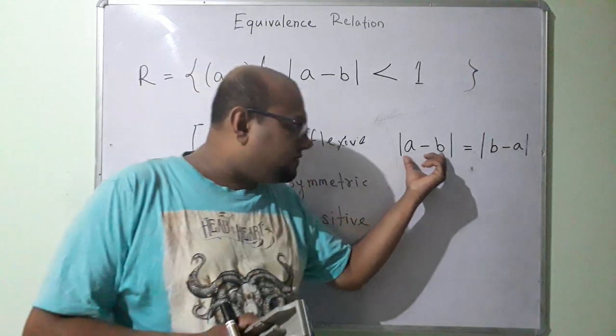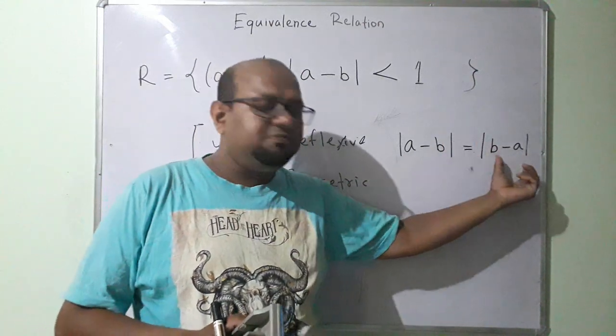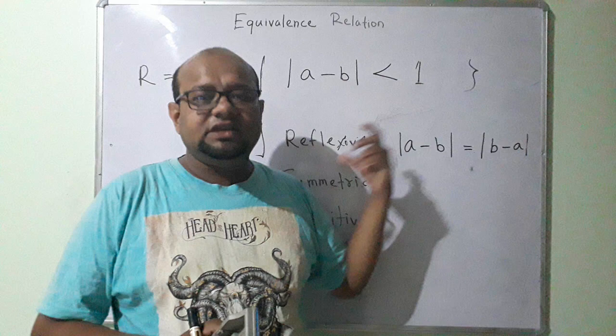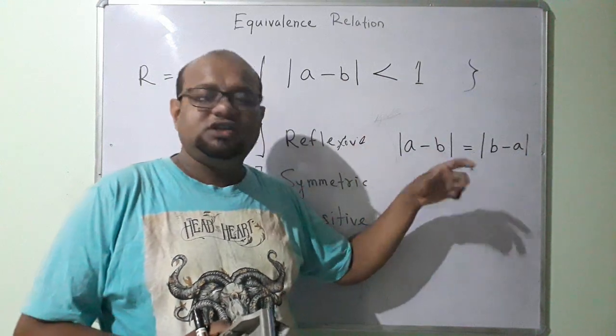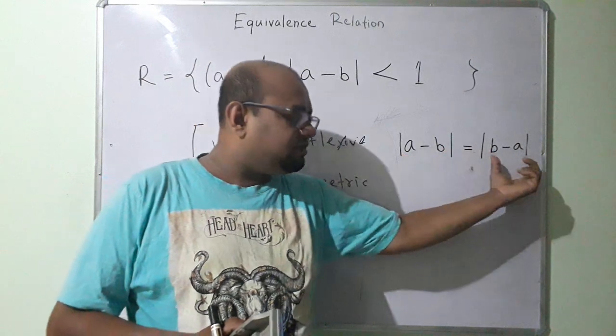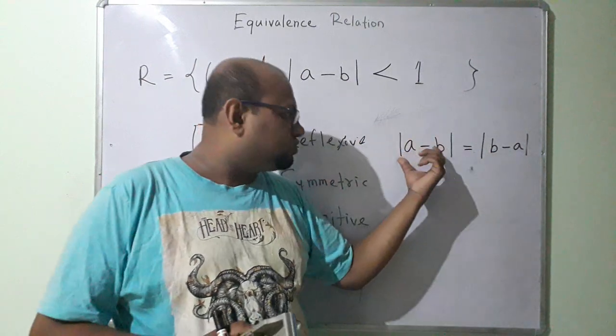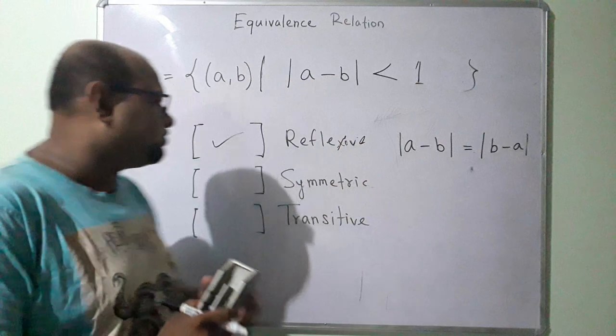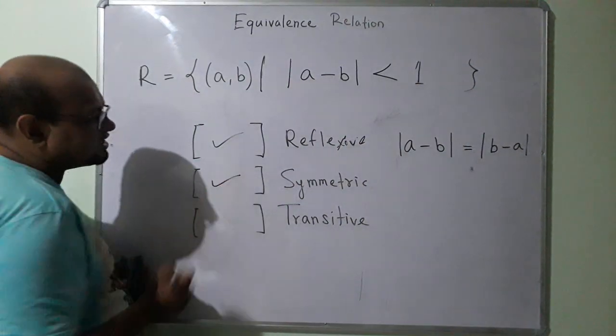That means if AB belongs to the relation, then BA should also belong to the relation, since they are equal. So if AB is in the relation, then BA is also in the relation. So that is how I know this is symmetric.